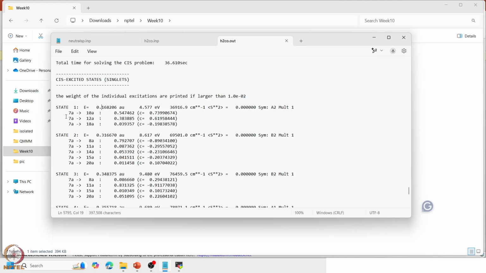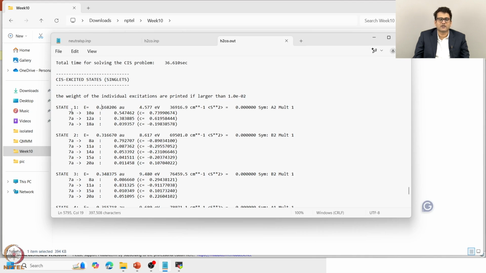And the dominant transition, so you can see that there are multiple transitions there. As we are discussing, when I say it is a particular transition, it is not only one transition. The wave function for this state is actually obtained by a linear combination of 3 transitions.